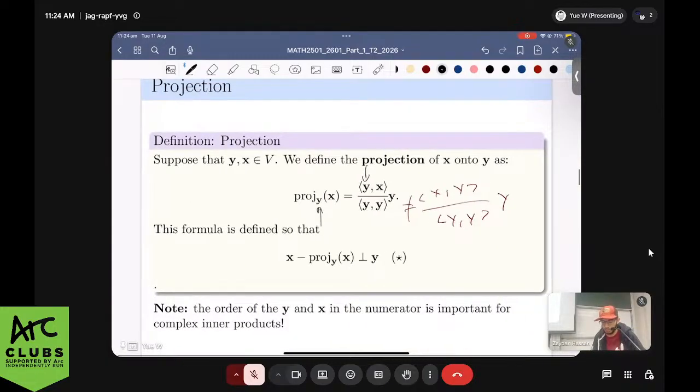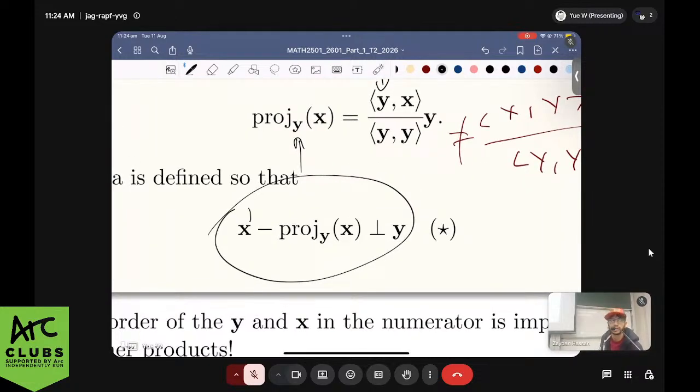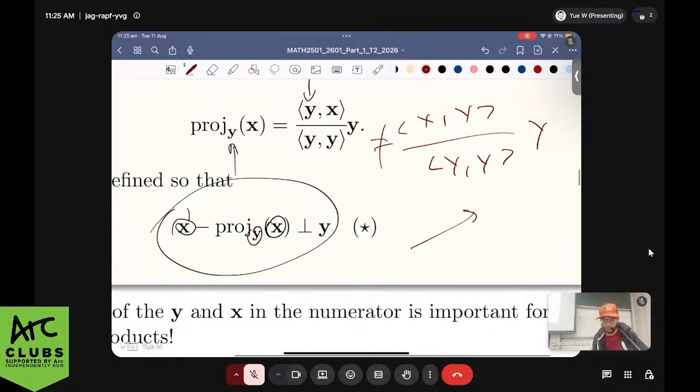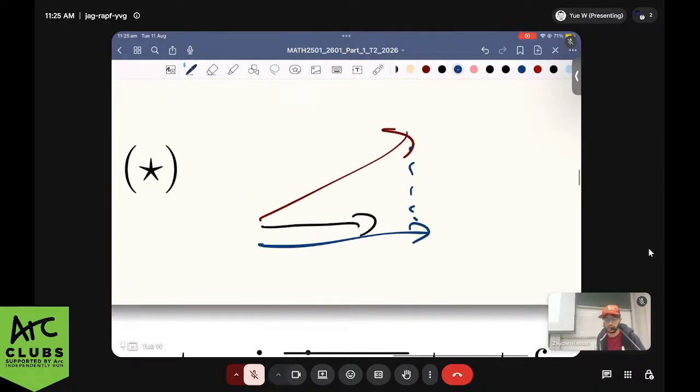Okay, this one is really important. x minus the projection of x onto y is perpendicular to y. Notice the x here and here have to be the same, and then whatever this quantity is will be orthogonal to the thing you're projecting onto. So like an example in R2, this blue vector here is the projection.